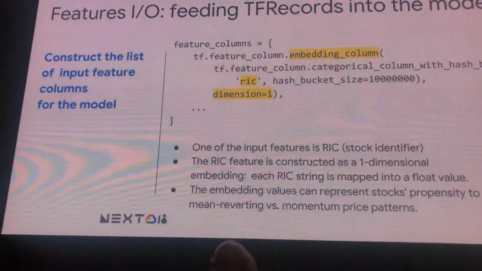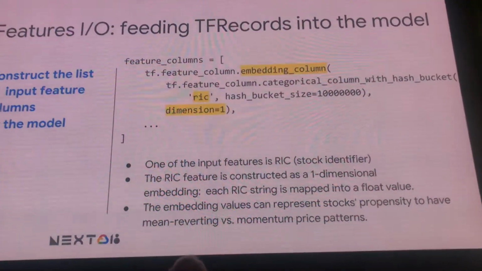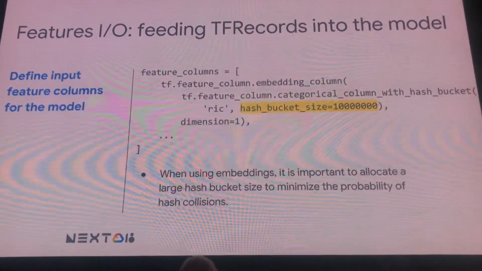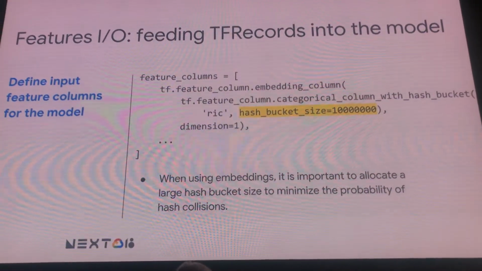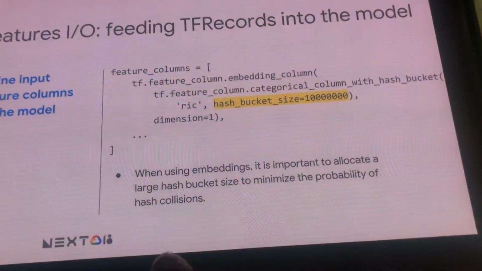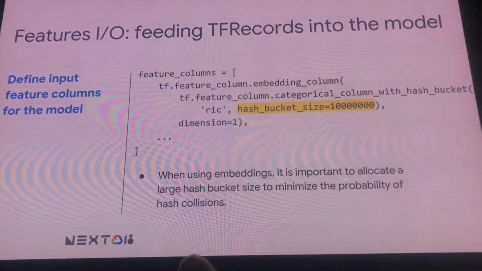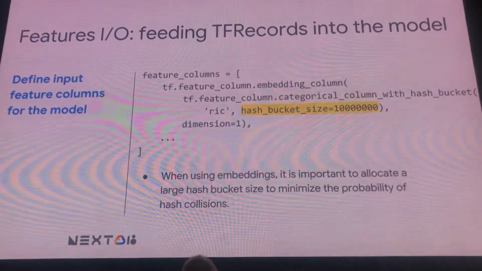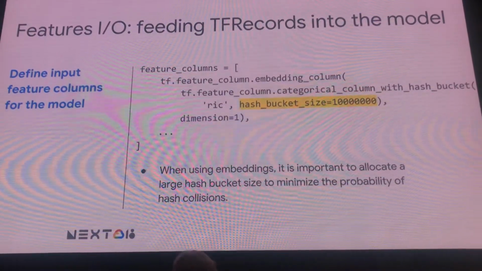This numeric value may represent, for example, the stock's propensity to have mean reverting versus momentum price patterns. One caveat you need to be aware of is that when you use embeddings, you want to make sure that you set the hash bucket size to a large enough value, because you certainly want to avoid collisions in the hash map used for embeddings as much as possible. When you have collisions, the model doesn't distinguish between 2 different rigs in this case, and you don't want that.